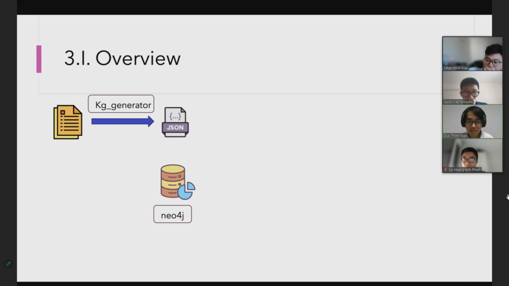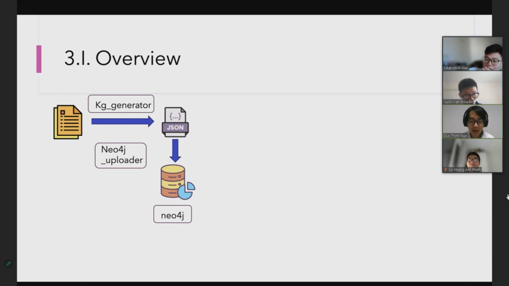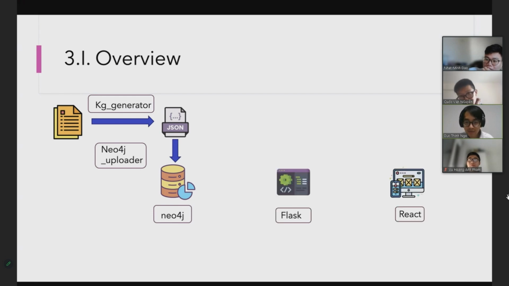These JSON files will be uploaded to Neo4j, which is a graph database. This Neo4j database will work with a Python backend, which finally interacts with the front end that is written in React.